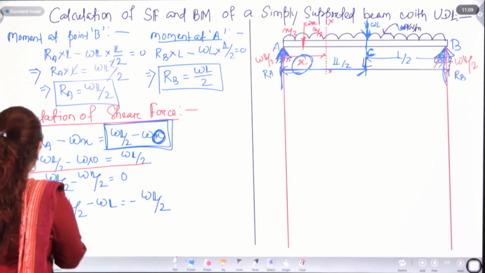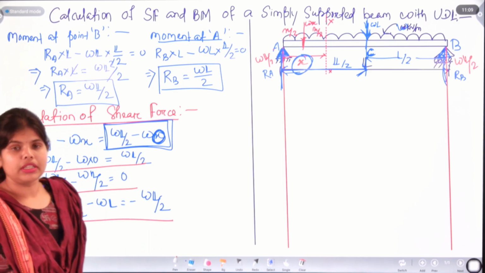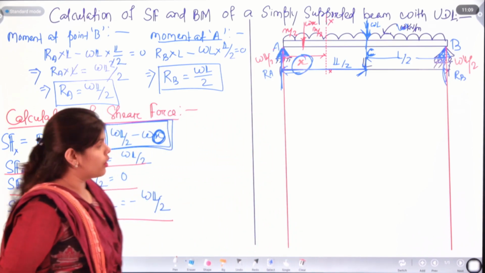So, you know the values of shear force at point A, B, C. Now, calculation of bending moment.